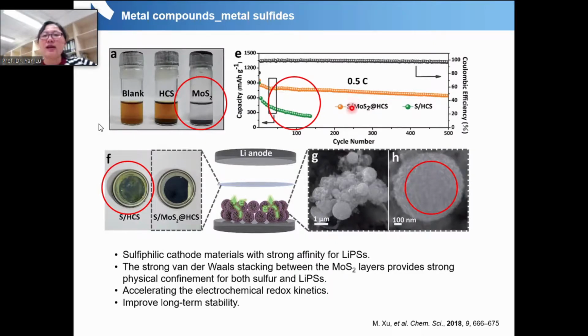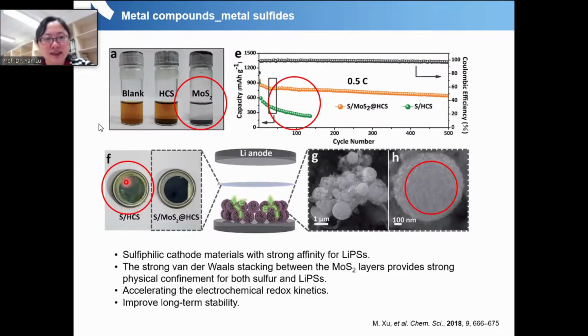So for these molybdenum disulfide modified carbon spheres, they show much better electrochemical capacity and also better cycle stability. And of course you can always open your battery coin cells and check what happens.